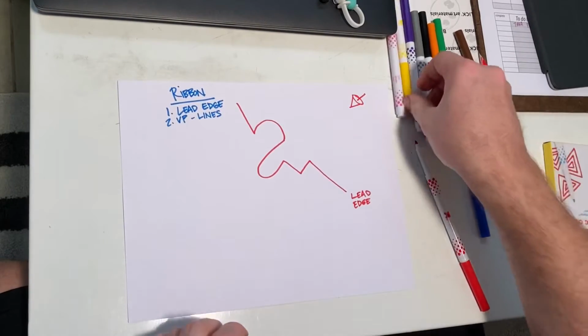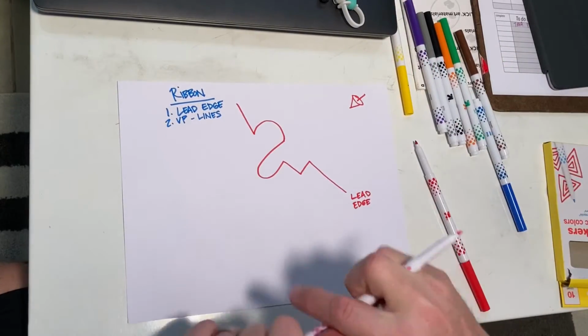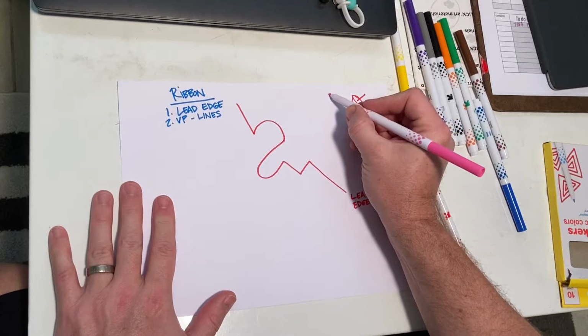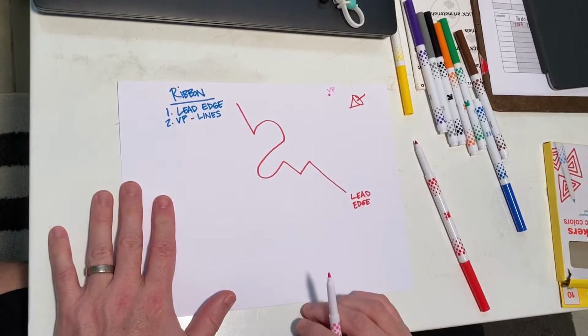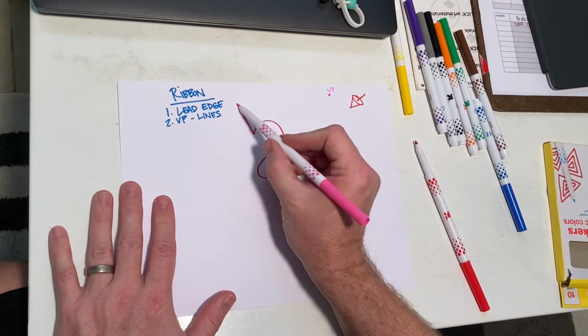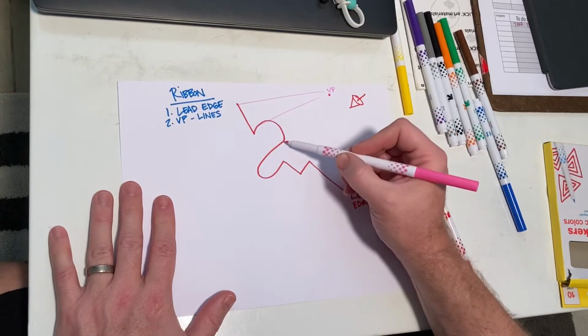So if we're going to go through and draw some of those out, let's use our pink. I could do these so that they're all parallel, or I could pick a vanishing point that these are all going to go to. So if I go from this corner, I go back that way. Then I go to this corner, same spot.